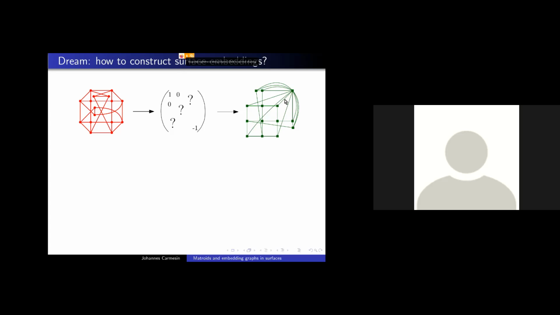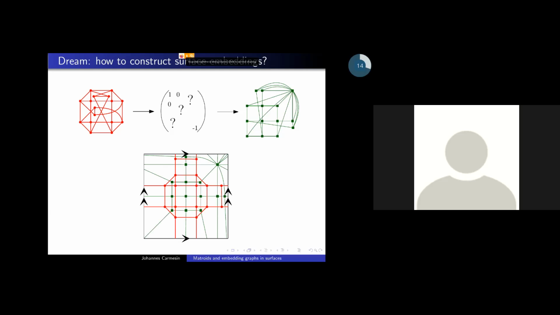For example, these three edges going out here would form this cycle in the red graph. And now for every vertex, its outgoing edges would be a cycle in the other graph, so you would attach a disk onto that cycle. And you would do that for every vertex of the green graph. And because every edge of the green graph has two end vertices, for every edge of the red graph you would attach two disks. So locally at the disks, this really would be planar.